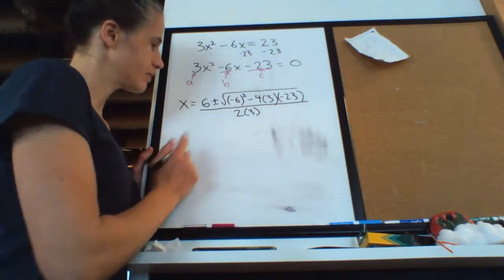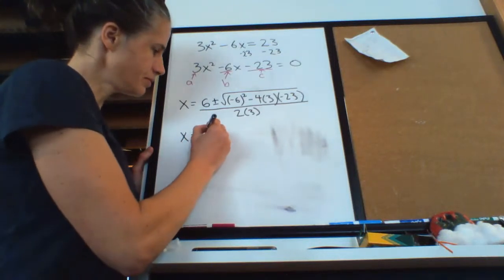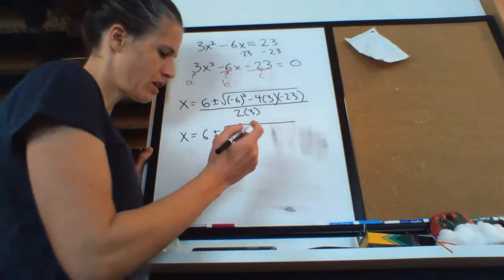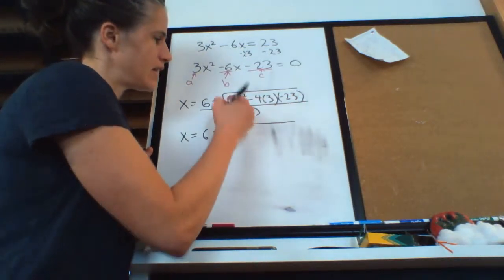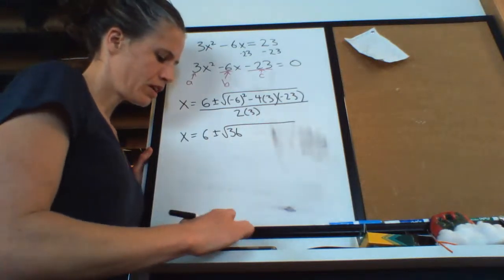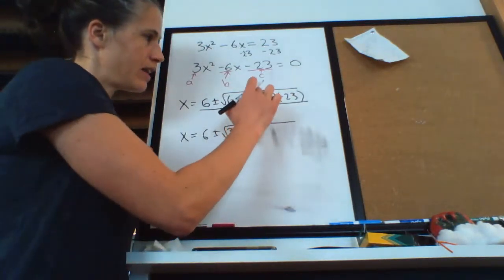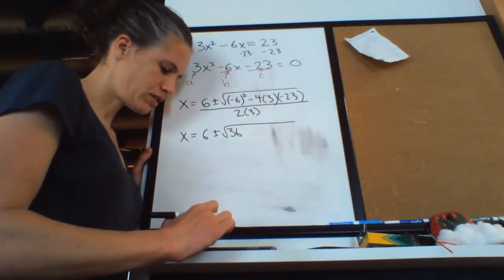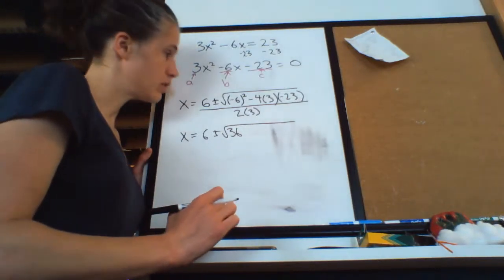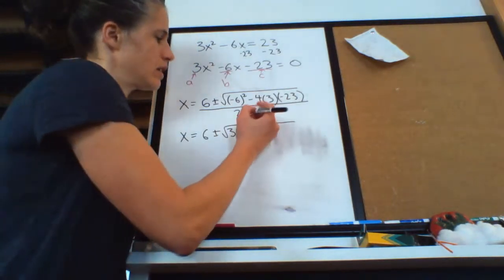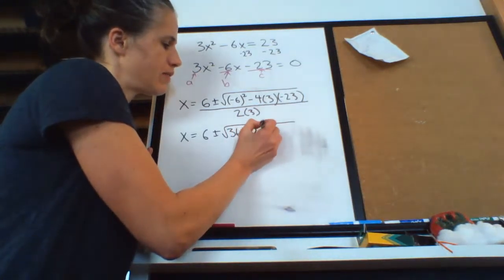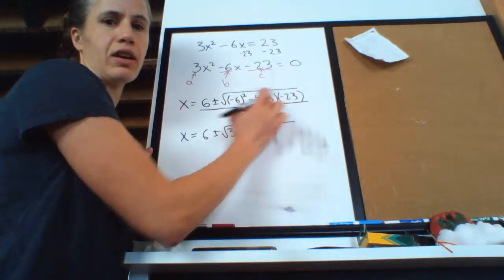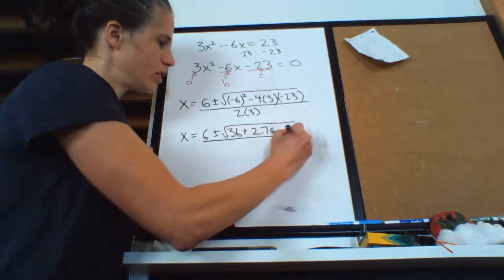Okay, all right, so then I get 6 plus or minus the square root of 36. That's negative 6 squared. Then 4 times 3 times negative 23, which is plus 276, because we have a negative here and a negative here, right? All over 6.